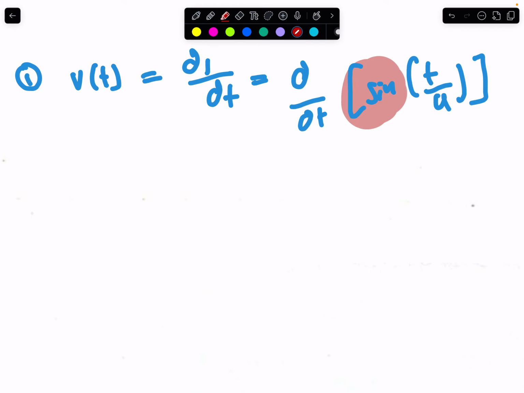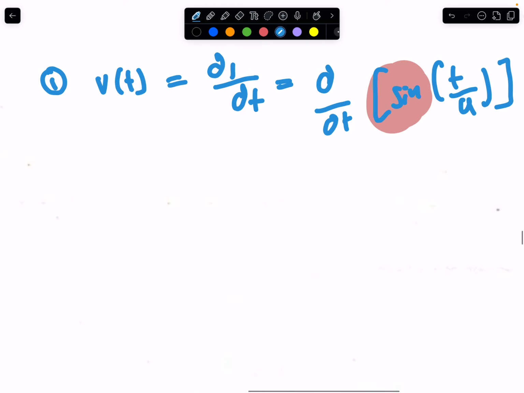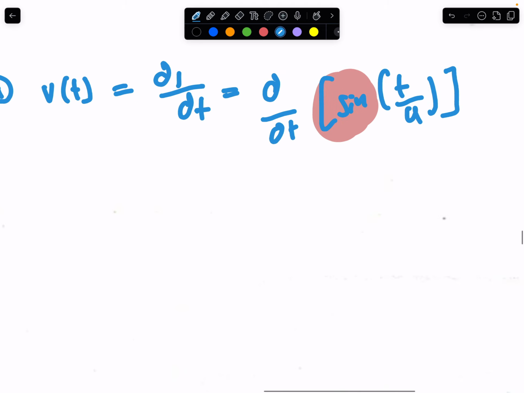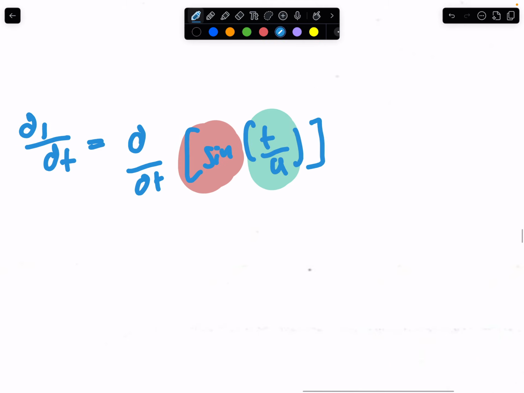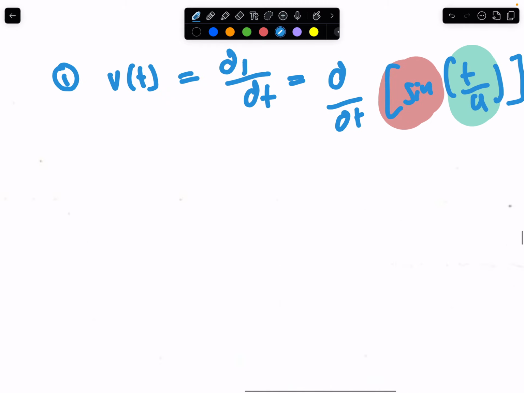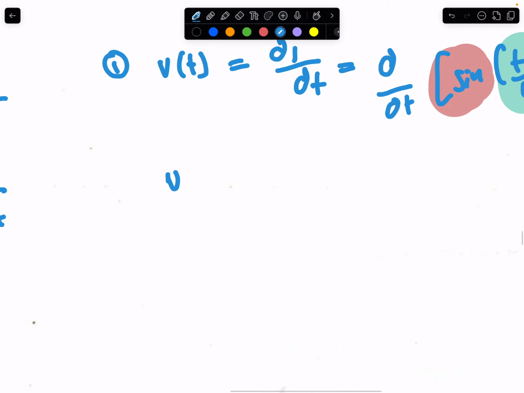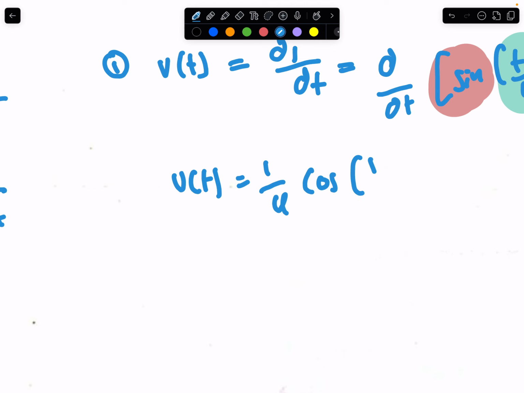Then we multiply by the derivative of the inside, t over 4, which equals 1 over 4. So v of t is equal to 1 over 4 cos t over 4.